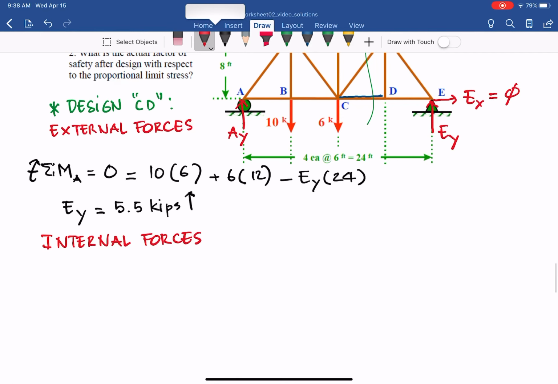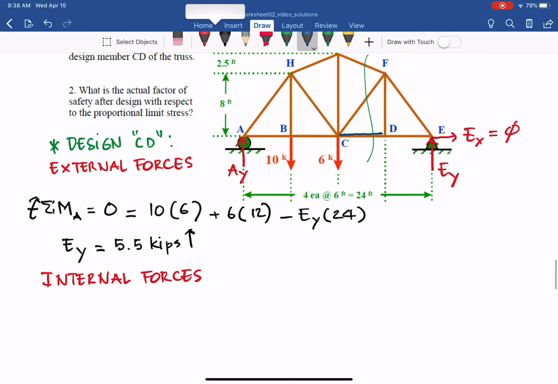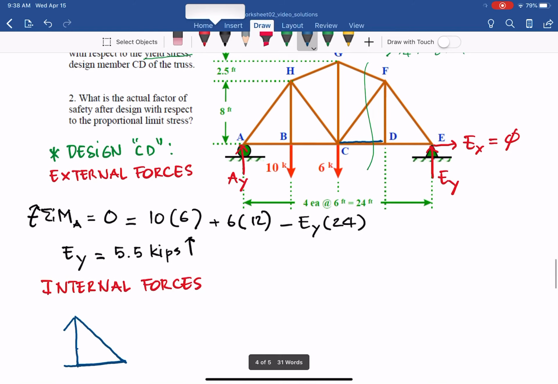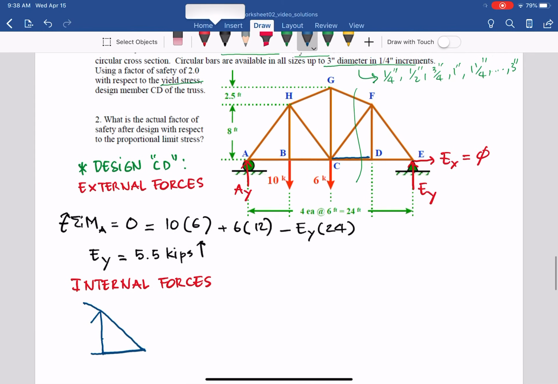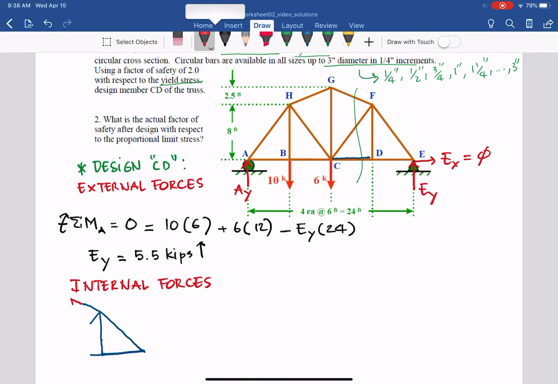We will have members EF, ED, FD, then CD here, FC, and FG. The load here is FG, the load there is FC, and this is member CD. That's really the member we care about.